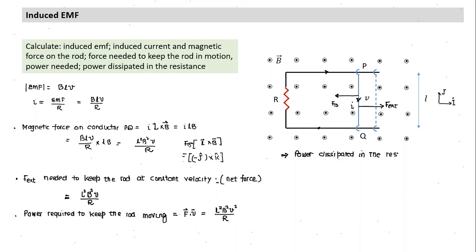What is the power dissipated in the resistor? Do you have any formula which tells you the power dissipated in any resistor? How much power does it consume? What are the three formulas we know for power dissipation?